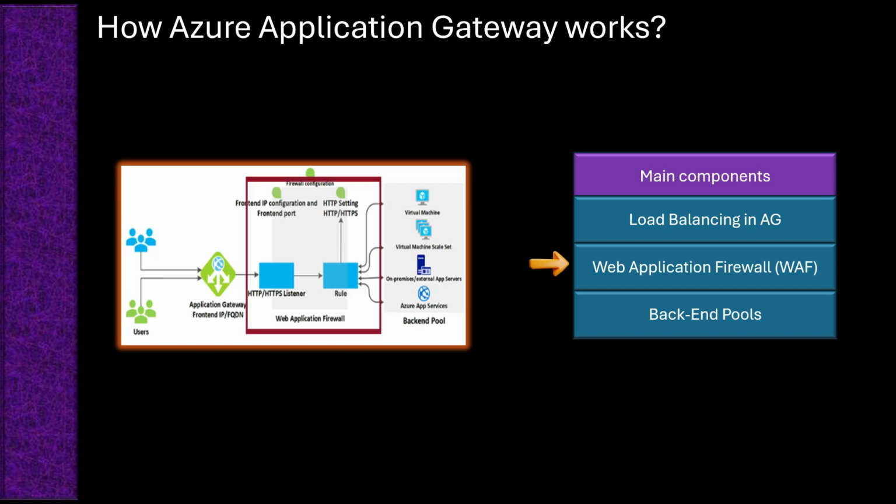Another component of Application Gateway is Web Application Firewall, which is called WAF. To further enhance security, Application Gateway includes an optional Web Application Firewall. The WAF acts as a first line of defense by inspecting incoming requests before they reach your application. It checks for common web application vulnerabilities based on the Open Web Application Security Project called OWASP top 10 threats such as SQL injection, cross-site scripting, HTTP request smuggling, remote file inclusion, and many more.